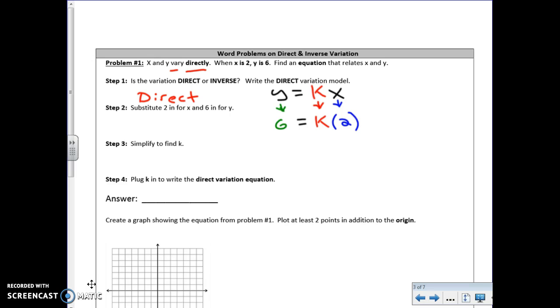So since k and 2 are multiplying each other, to get k by itself, we're going to divide by 2 on both sides. So that cancels out. 6 divided by 2 is 3. So k equals 3.